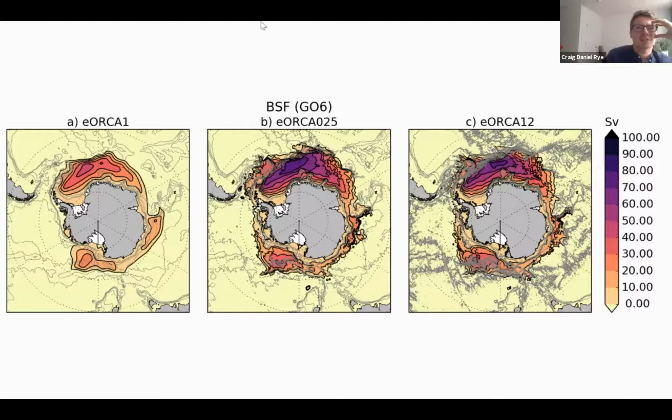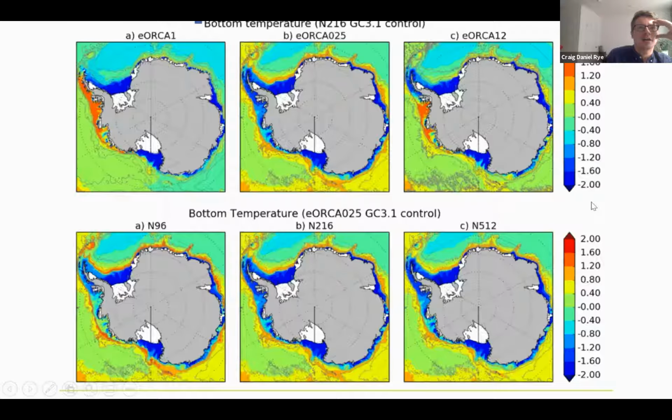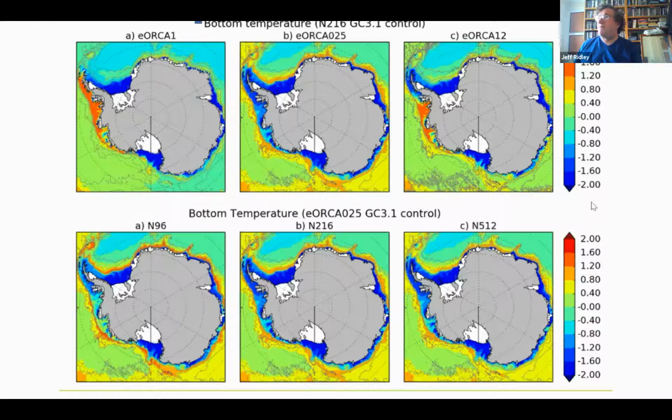Sorry, can I interrupt you for 1 second? On the previous slide, what's going on in the bottom 3 panels? Is that the same ocean resolution but different atmosphere resolutions? Yeah, so this is the middle ocean resolution with different atmosphere resolutions. Okay, sorry. And so the low resolution is on the bottom.